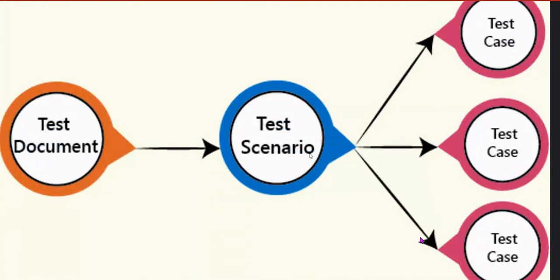Next is about the test document. A test document is documentation of artifacts that are created before or during the testing of software. The artifacts here refer to specific methods or processes in the software's development.